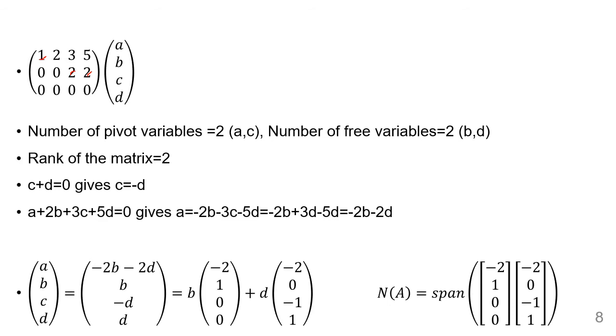But from this I know that C equal to minus D. So I substitute here. I get this as minus 2B plus 3D minus 5D. That gives me minus 2B minus 2D.